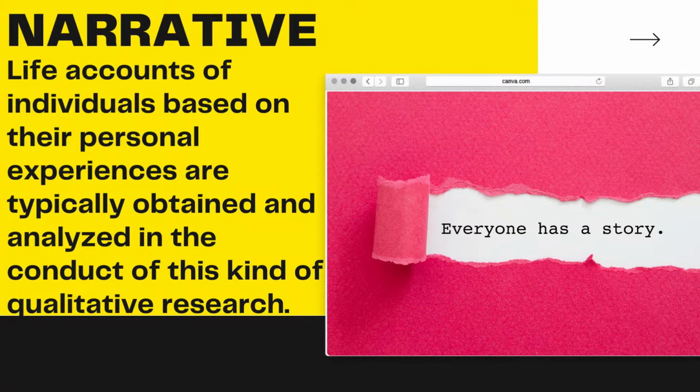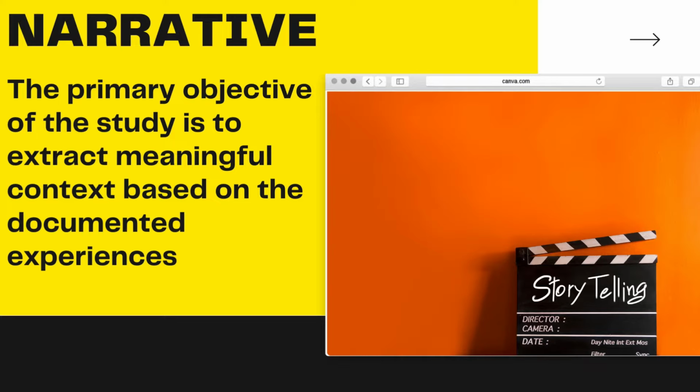What is narrative research? Life accounts of individuals based on their personal experiences are typically obtained and analyzed in the conduct of narrative research. The primary objective of narrative research is to extract meaningful context based on the documented experiences of the respondents.